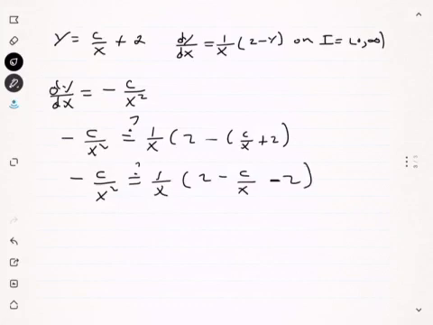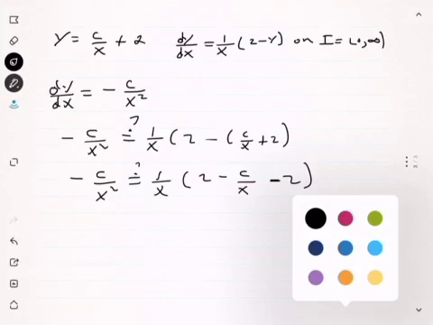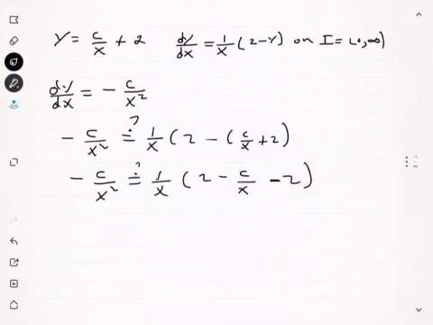So this is just minus c over x squared. So we get minus c over x squared equals minus c over x squared. And there we have it.